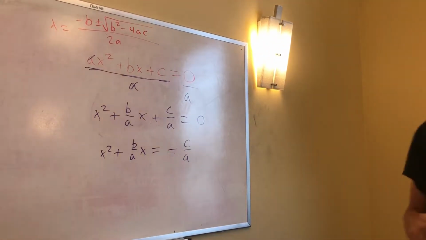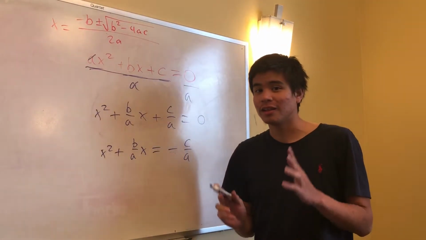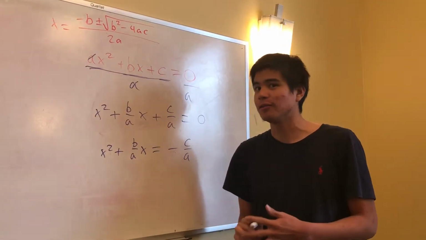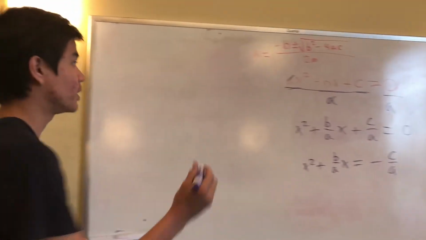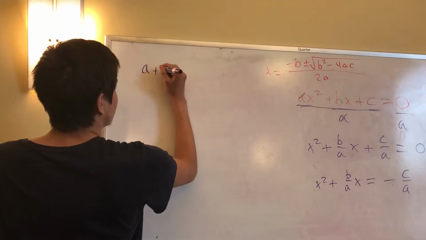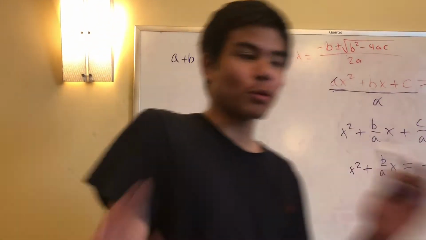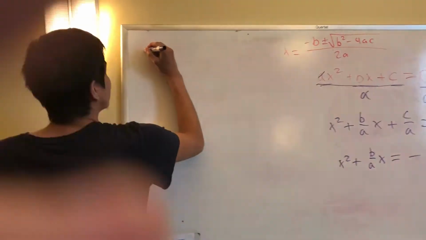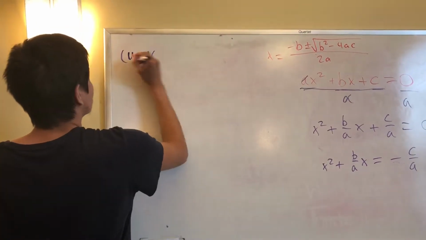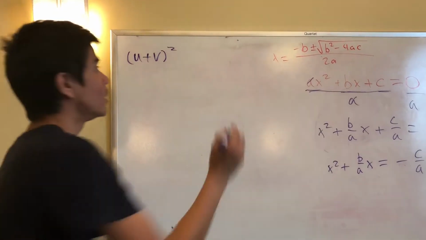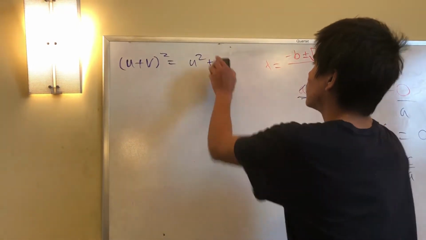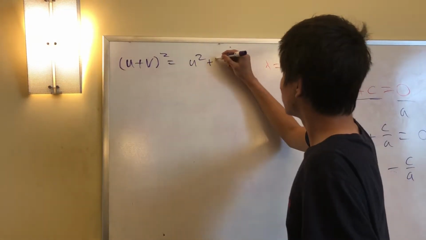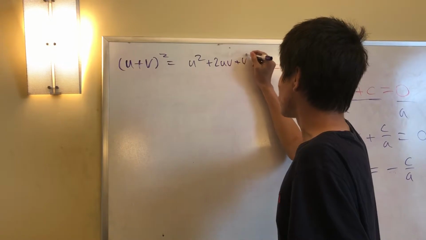But there is a very, very interesting and sort of unique way to go about this. So if we remember, let's think of a plus b. No, since we're already using a plus b, let's use u plus v squared is equal to u squared plus 2uv, my bad, 2uv plus v squared.